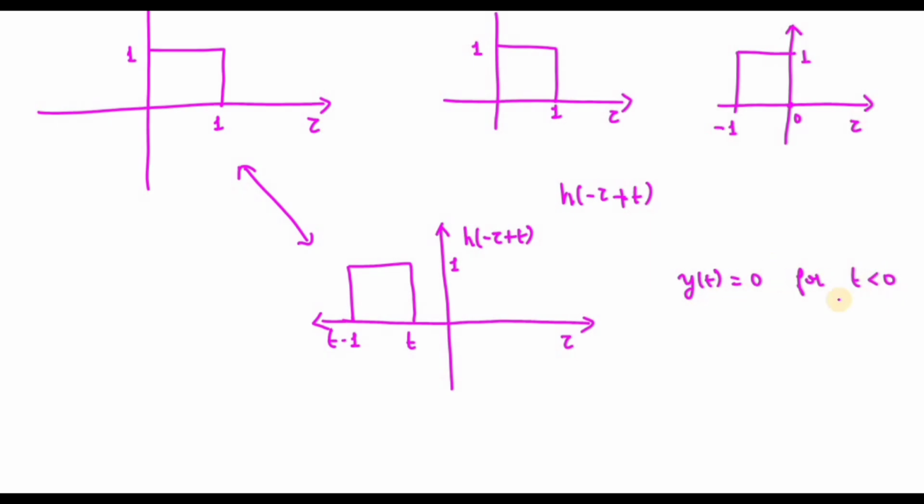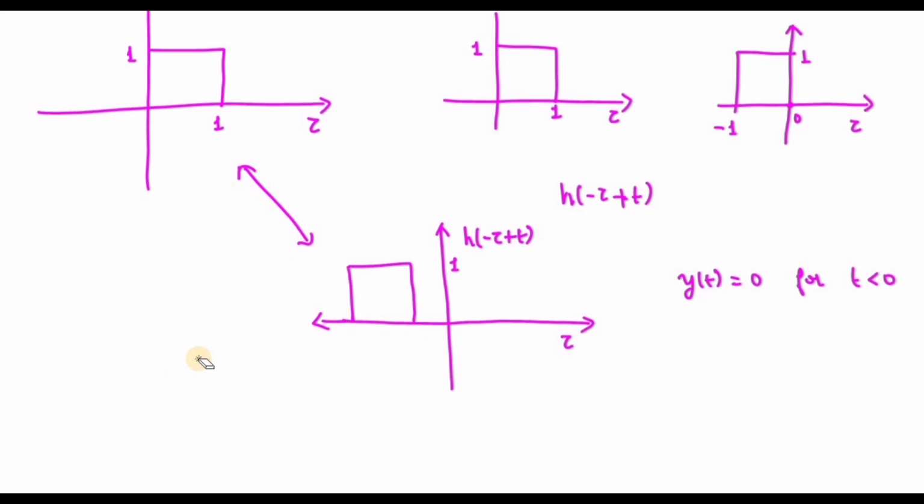Why? Because if t is equal to -1, this ranges from -2 to -1, so if I multiply with this one, obviously I will get the answer as 0 because there is no intersection. Similarly, if I take t is equal to -2, again y of t is 0. There is no intersection.